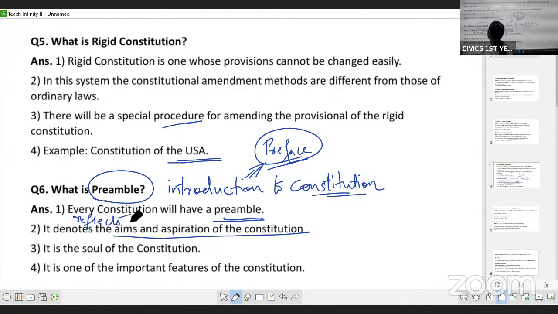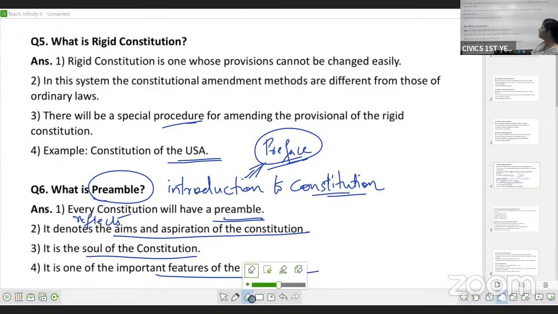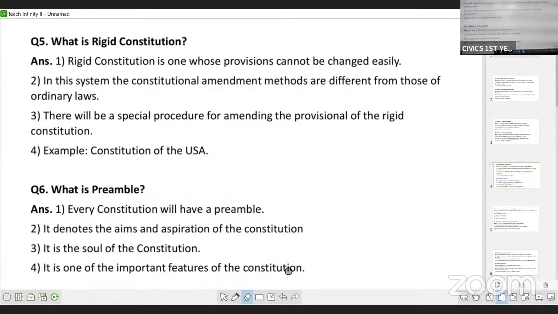So it is the soul of the constitution. If you read the introduction, you will understand what the book is about. So, it is regarded as the soul of the constitution, and it is one of the important features of the constitution. Every constitution shall have a preamble.